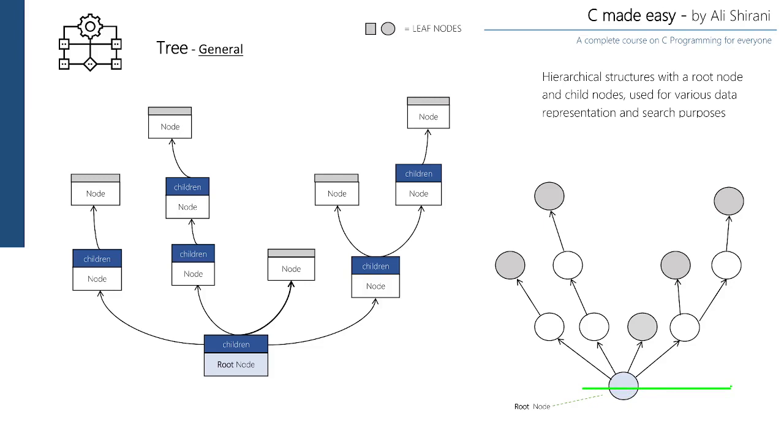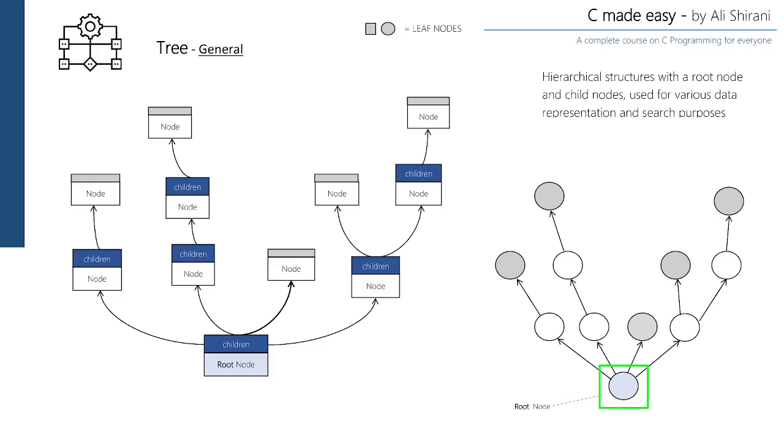Most of the examples that you see somewhere against the tree are shown upside down. To make more sense out of it, I have drawn them from ground to top, from bottom to top, so that you understand the root starts here.